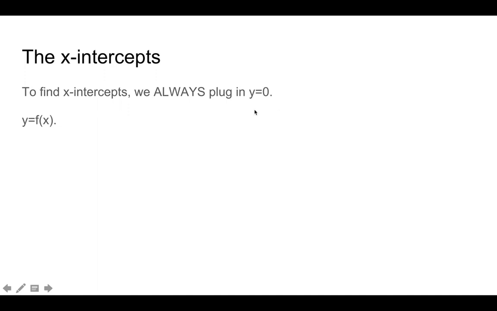X-intercepts. Hey, we know how to find x-intercepts. We always, in every situation, plug in y equals 0. Well, remember, f of x is just a fancy way of saying y. So, we want to solve the quadratic equation ax squared plus bx plus c equals 0.